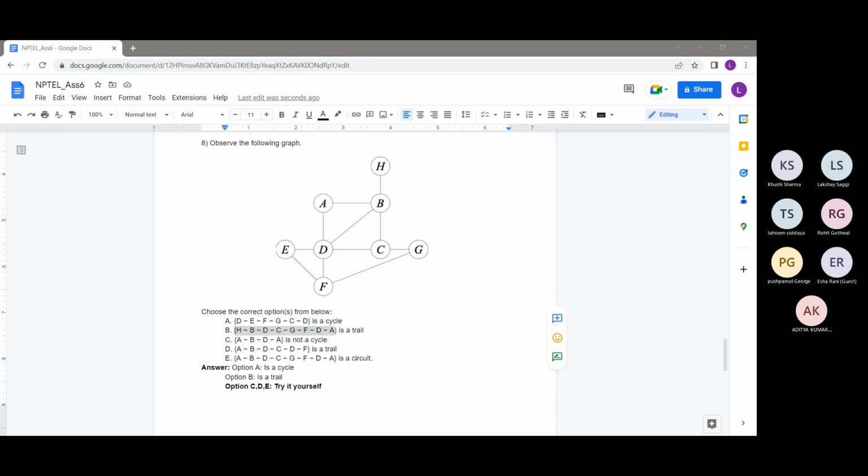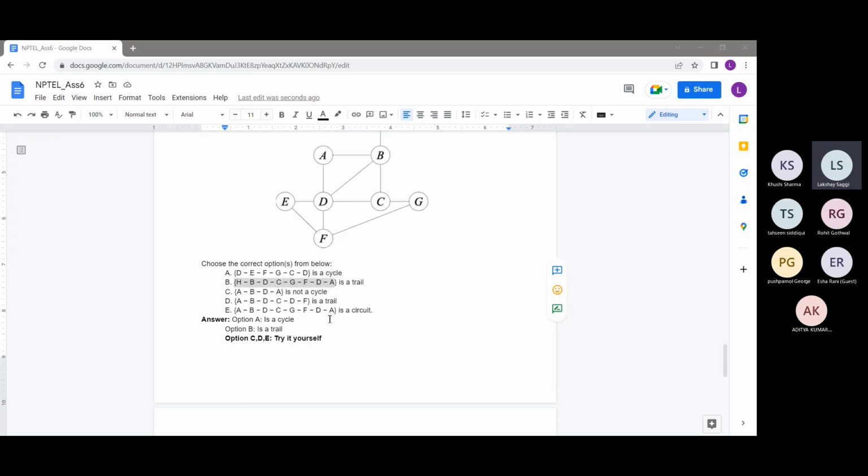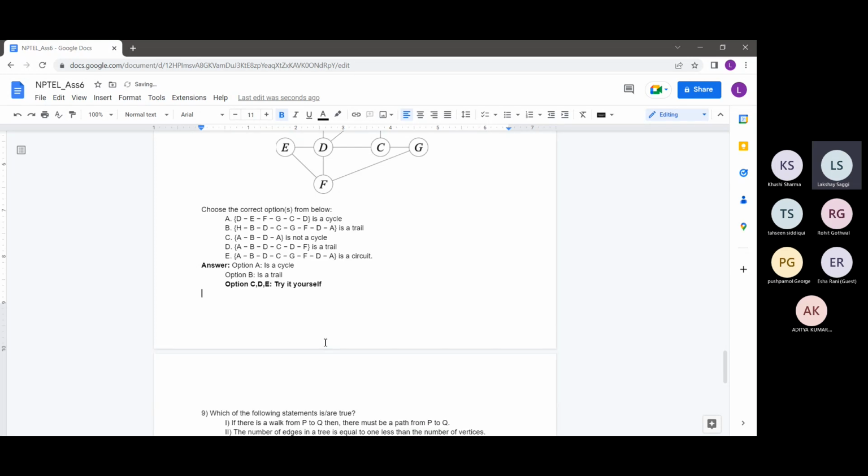So in option B, since every edge is being covered only once, it doesn't matter whether it's forming a cycle or not in the definition of a trail. So maybe I'll just give the answer to you guys, so you can later verify whether your solution was correct.